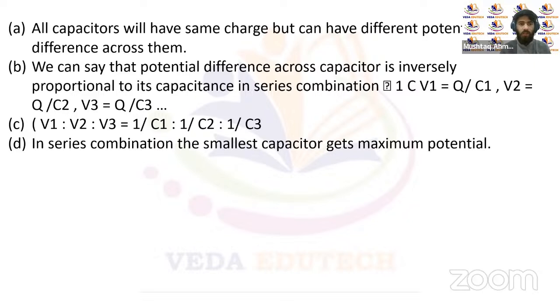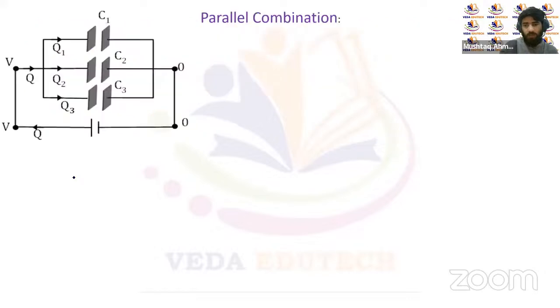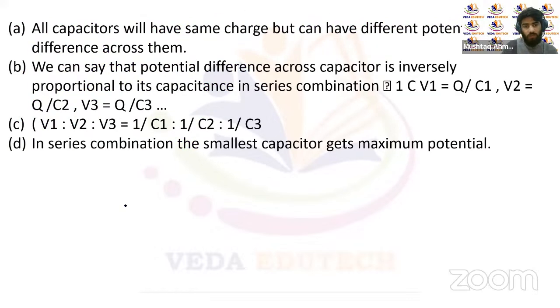The second point is that the potential difference across a capacitor is inversely proportional to its capacitance. The potential difference is equal to Q upon the capacitance, and the charge across each capacitor in a series combination is the same.